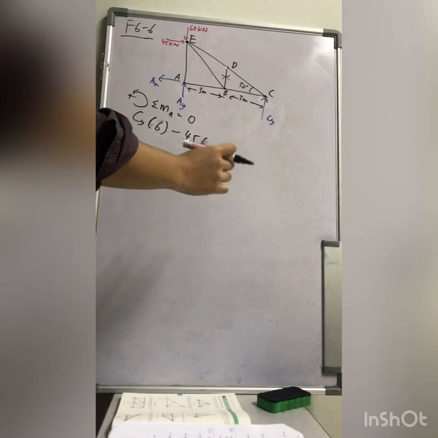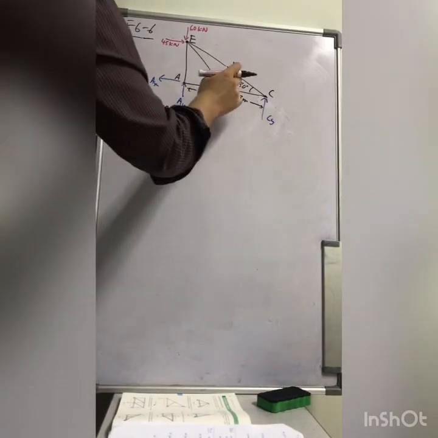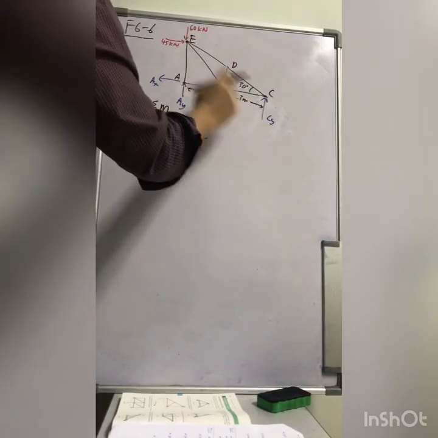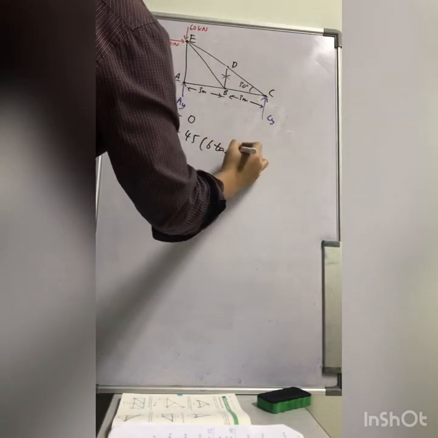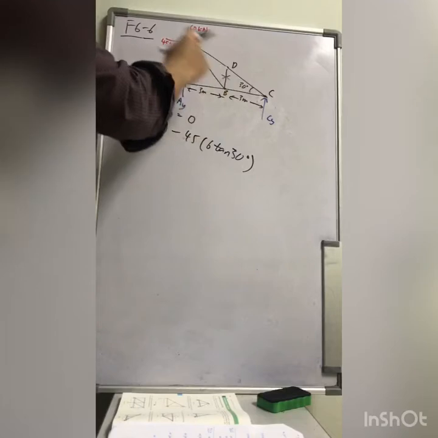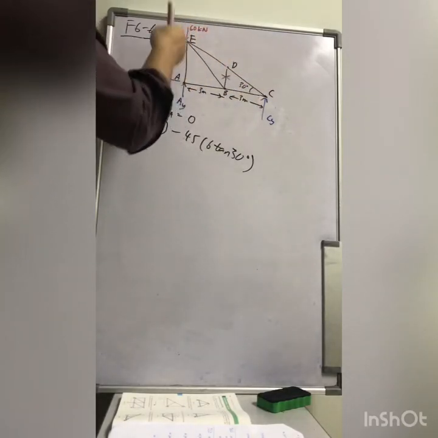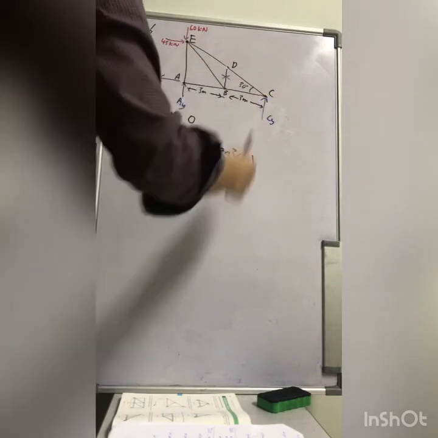What is the distance? Tangent 30 is this over 6, so this is 6 tangent 30. Simple geometry again, you need to understand. Tangent 30 is AE over 6, so AE is 6 times tangent 30.